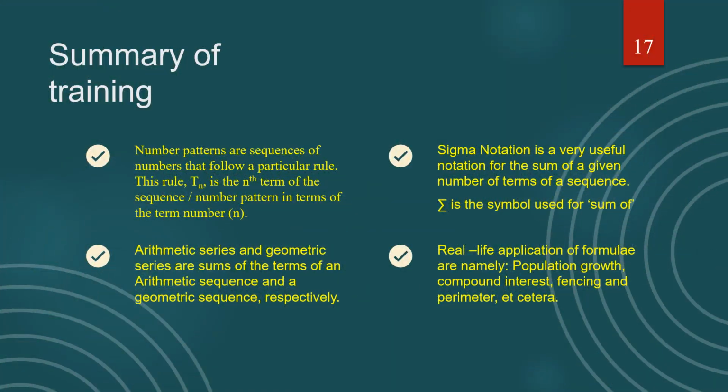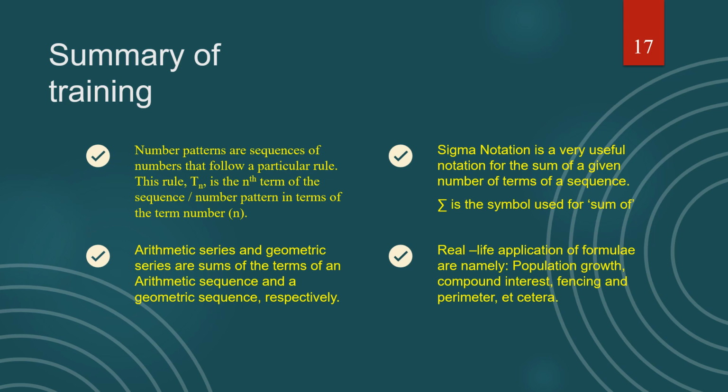So today's lesson, guys, we covered number patterns, which we now know are sequences of numbers that follow a particular rule, and this rule, Tn, is the nth term of the sequence or number pattern in terms of the term number n.